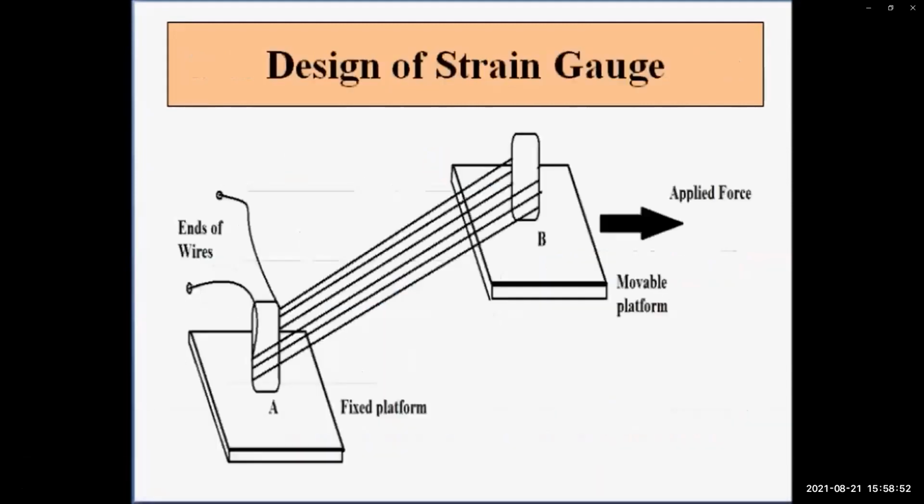So, normally the strain gauge comes in this configuration. It consists of a number of turns of wires which are wound over two platforms. Out of these two platforms, one is fixed and the other one is movable.